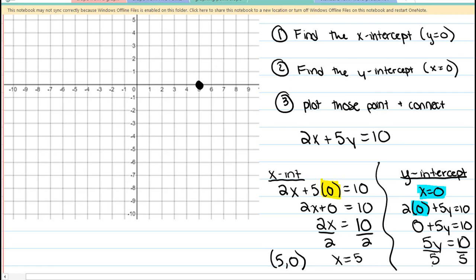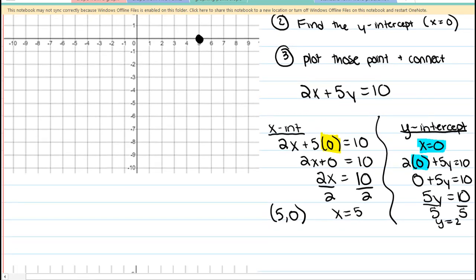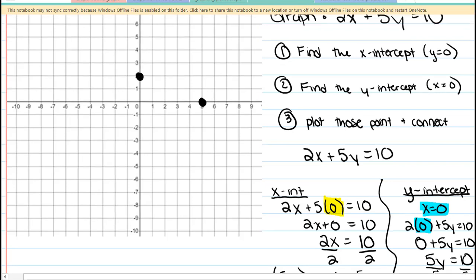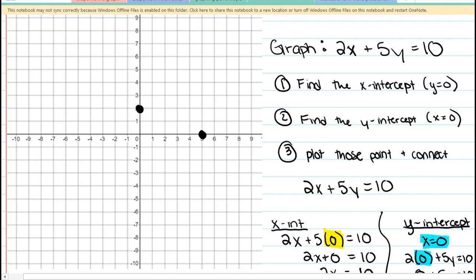Divide both sides by 5, and I get y equals 2. So my y-intercept here is 0, 2. Let's plot that right away. Now I can use those two values to make a straight line going through those 2 points. There we go. I have just graphed the line 2x plus 5y equals 10.